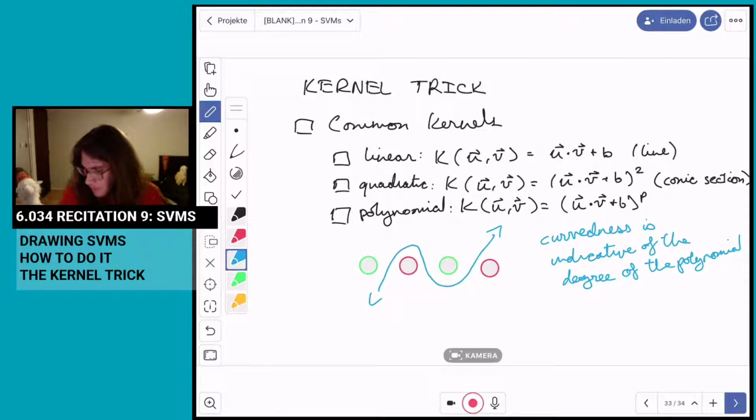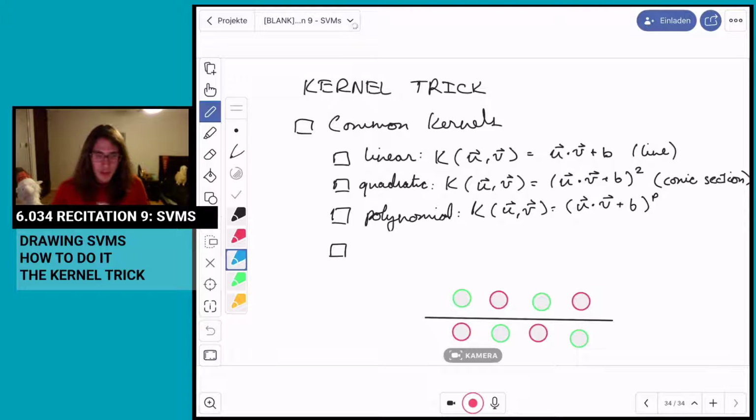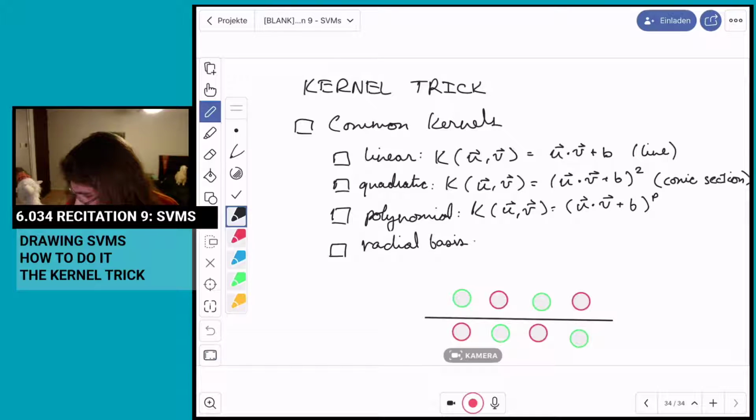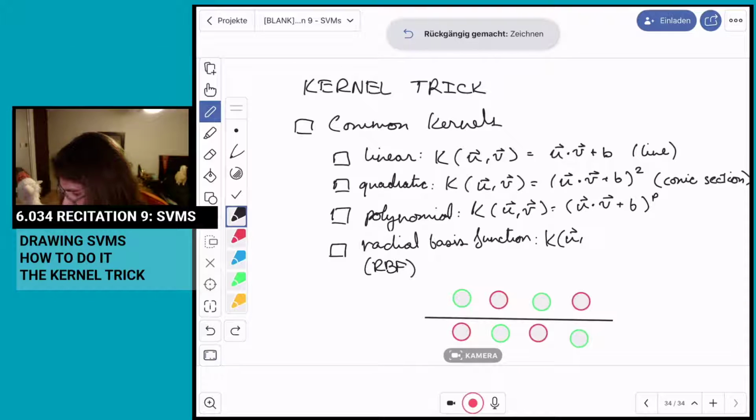And then finally, the last one that we'll discuss today is the radial basis function, often referred to as RBF. And this is actually the most intimidating out of all the equations we've seen today, in my opinion.